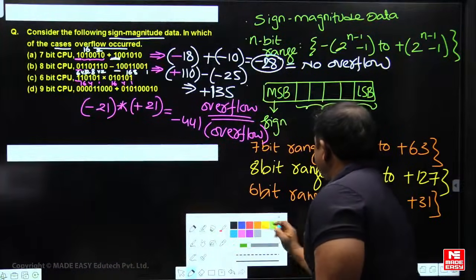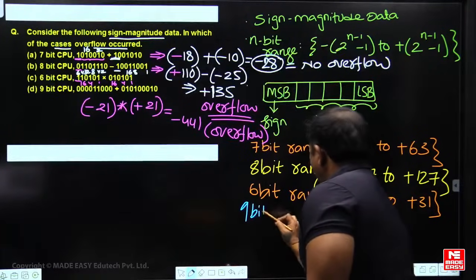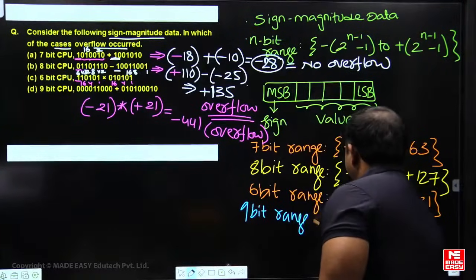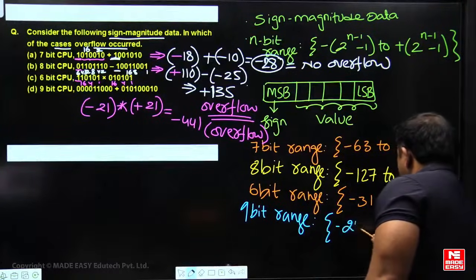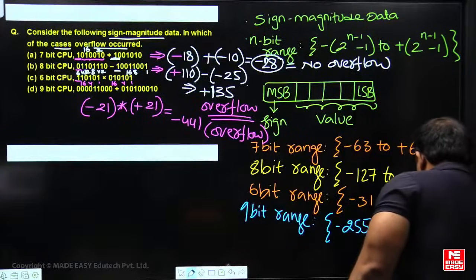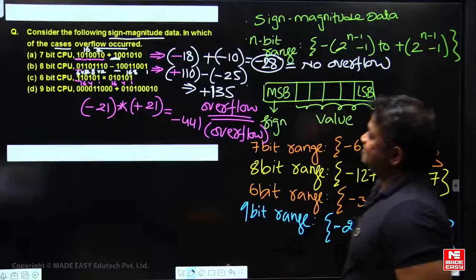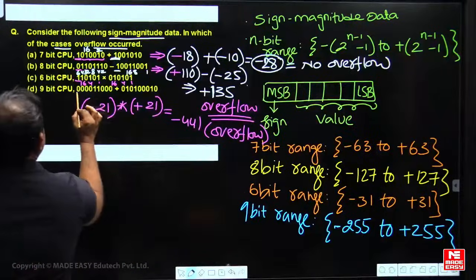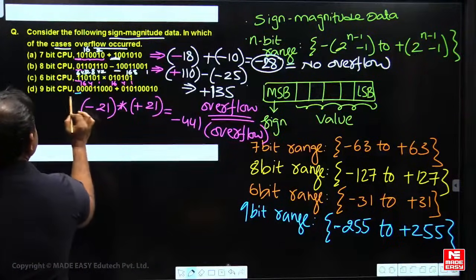Last option, 9-bit. The 9-bit sign magnitude range is -255 to +255. Now verify. MSB 0, positive.